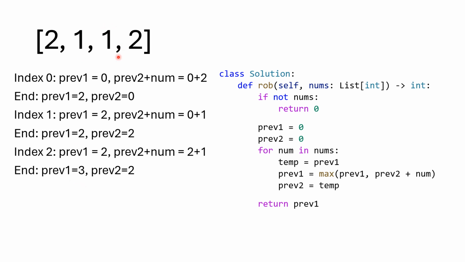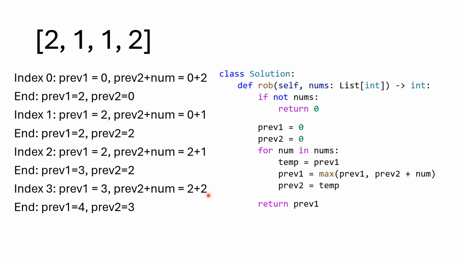And we wanted to steal from this, but wait a minute, shouldn't we be skipping this number? Yeah, that's the beauty of the next one, because we have kept track of our older steal of 2. So for the last step, our largest steal previously was 3, but our oldest steal was 2, plus the latest steal is 2, which equals 4.